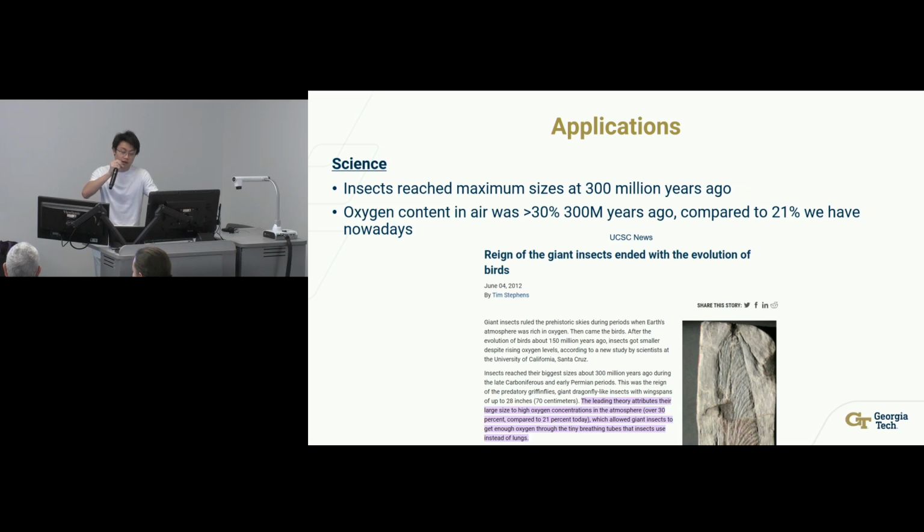As you know, a larger object has a smaller surface area when compared to its volume. So larger insects require more oxygen supply to their surface in order for them to survive. So as we have more oxygen in the air 300 million years ago, they can grow much bigger than what we have nowadays.